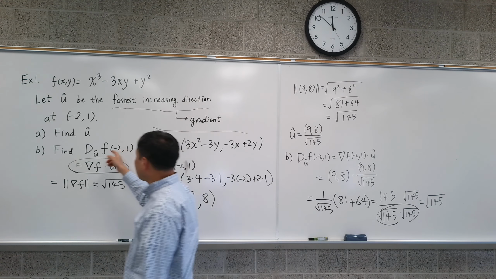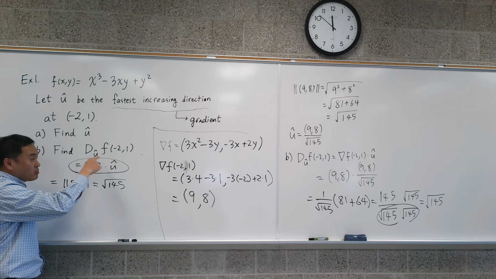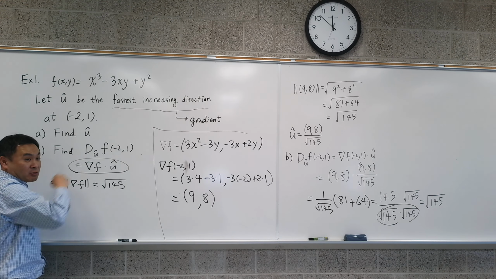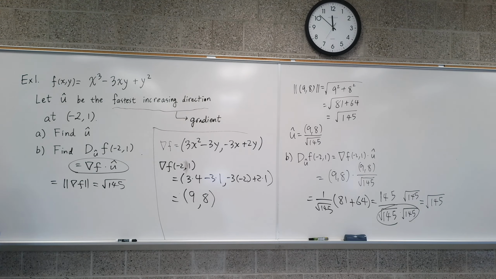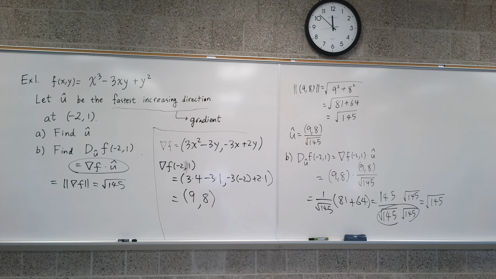And in here, this does pick up the maximum possible value of the directional derivative because this is the fastest increasing direction. So this will be the maximum value, which is this one. We also find it that way as well. All good? Yes.